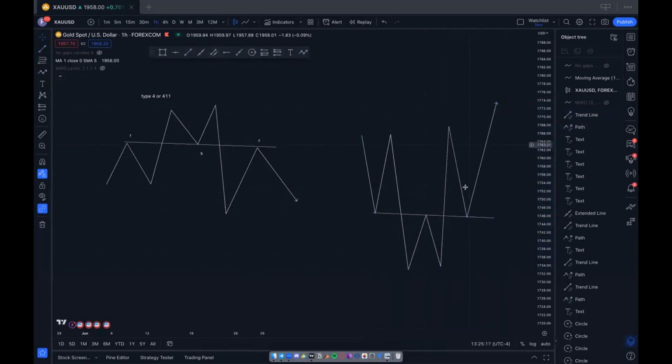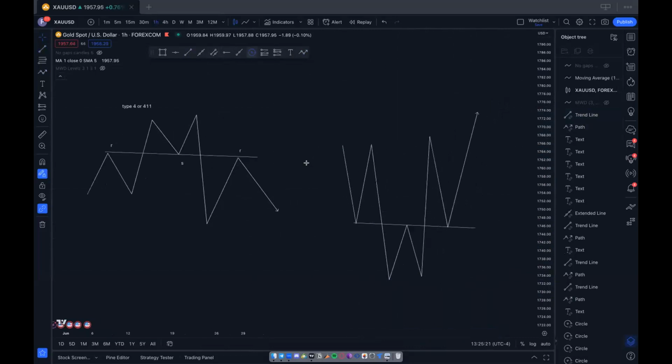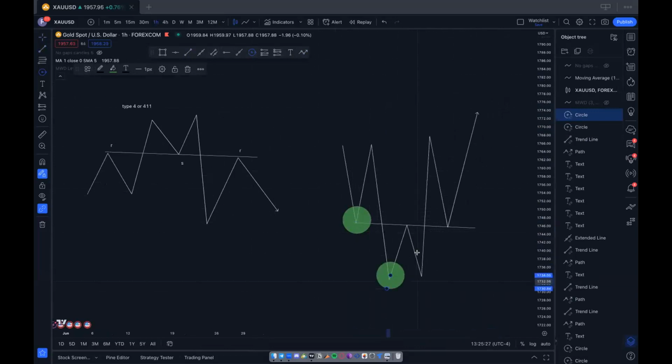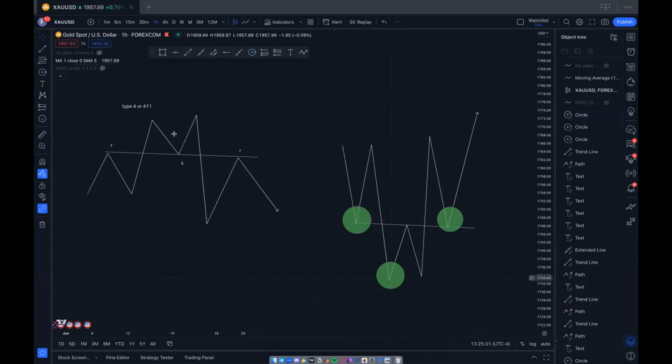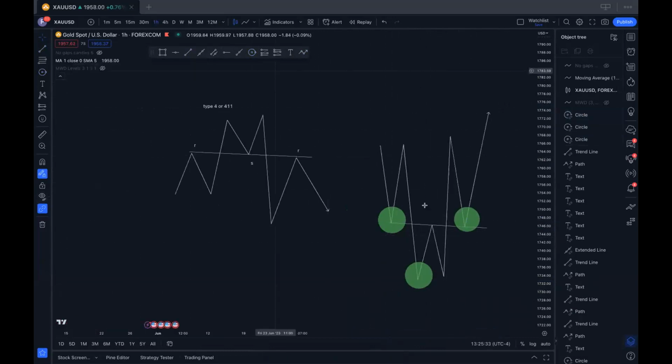If you can see, this is kind of like a head and shoulders. You have the head, a shoulder, head, breakout, and then it's coming back into it. This is a trend line that you want to use mainly for reversal looks. Again, I'm going to draw this right here.